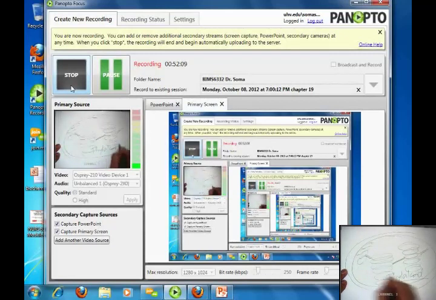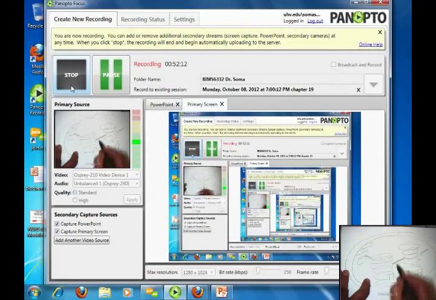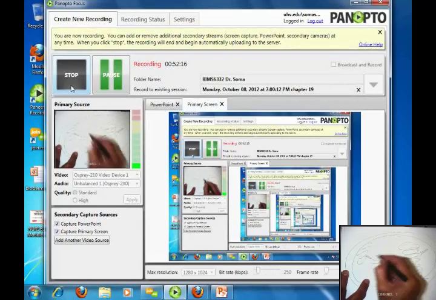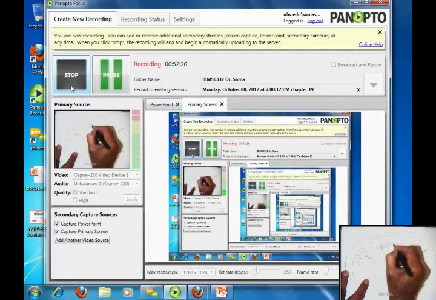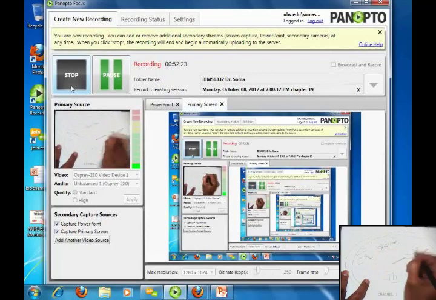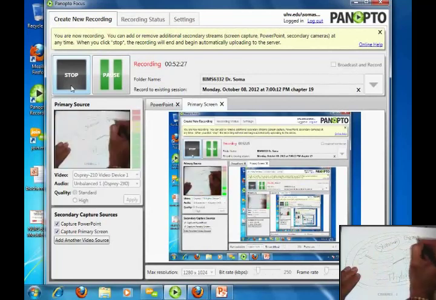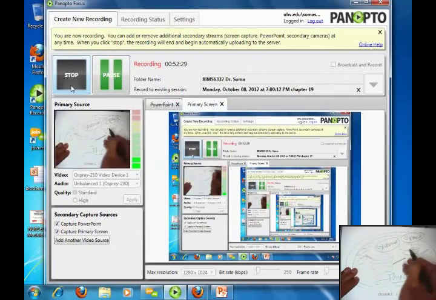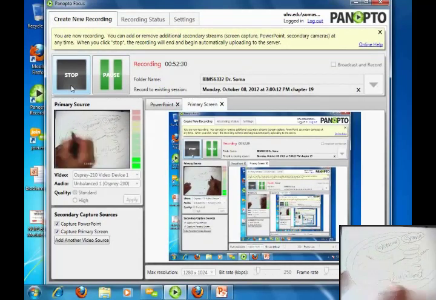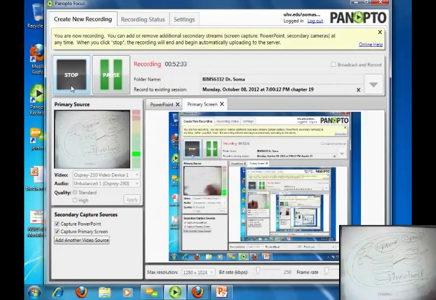The membrane is called the thylakoid membrane, and one unit is a granum, G-R-A-N-U-M. You have many granum, so the plural is grana. So one granum, another granum, another granum. When they are linked together, we call it grana.